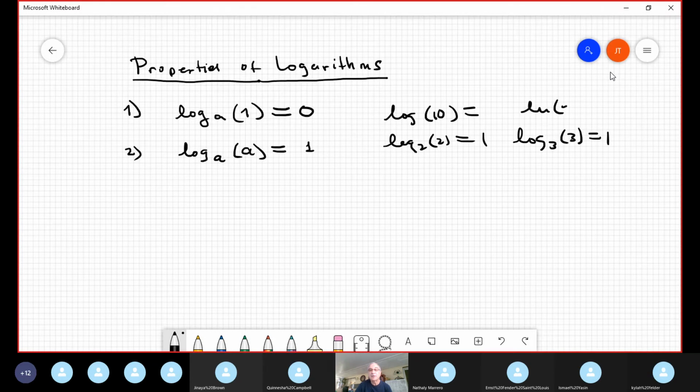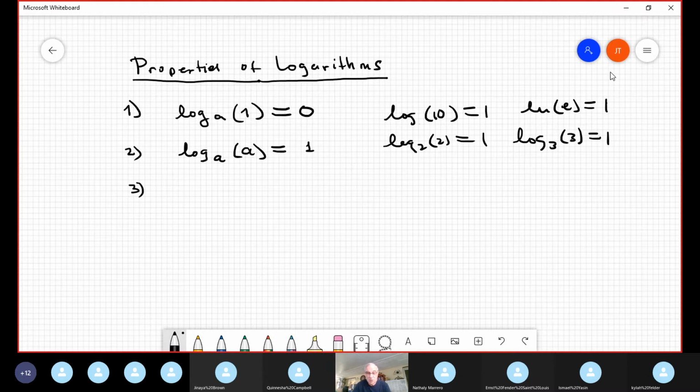And ln of e, what is that? Intentionally I omit the base because I suppose by default you understand it is 10, it's 1. And this is the base with no specification. ln by default, you understand that, yes, the answer is 1.